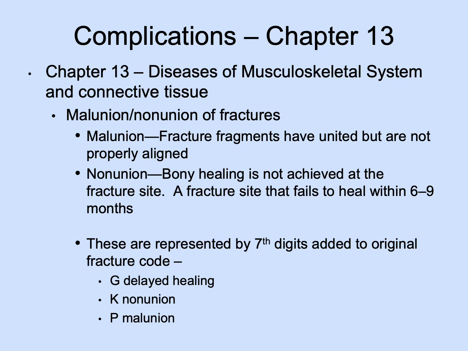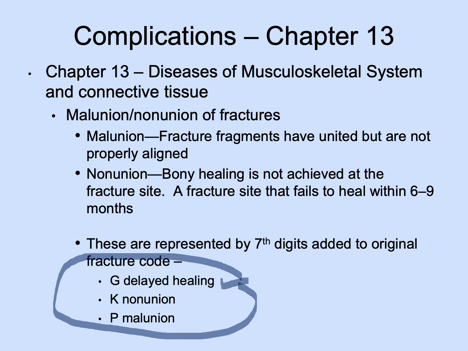So this is indicated by the 7th digits. Delayed healing, non-union, malunion. So that's how you indicate. And they take the same original fracture code that you've been using all along for this patient, and using a G, a K, or a P to indicate the complication. So this is actually unusually straightforward.